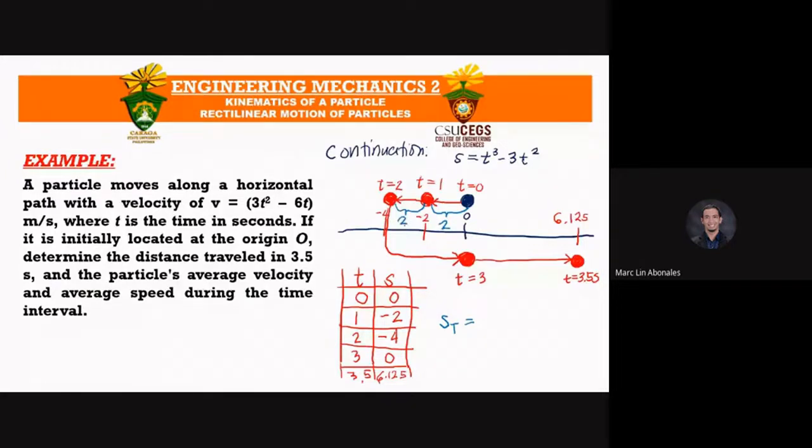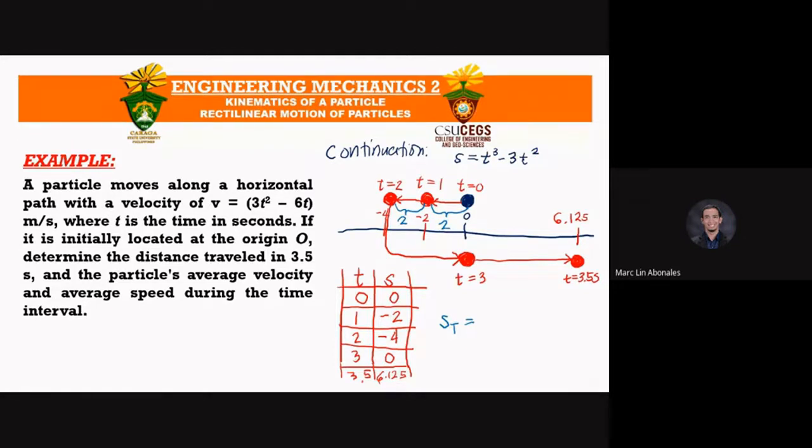Pag-abot sa from the position sa imong particle na time is equal to 2 to the position sa imong particle where the time is equal to 3, pila man ang distance na na-covered ana? 4. Don't get confused sa vertical line ha, kay dili na appeal.